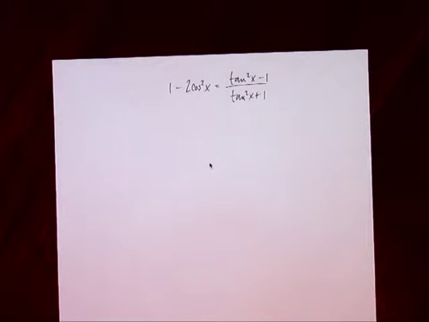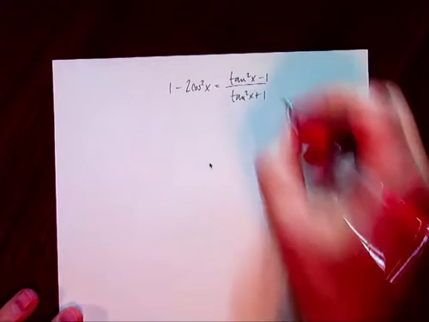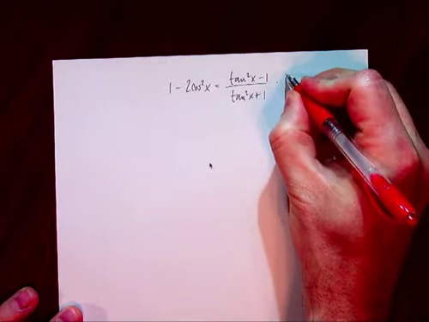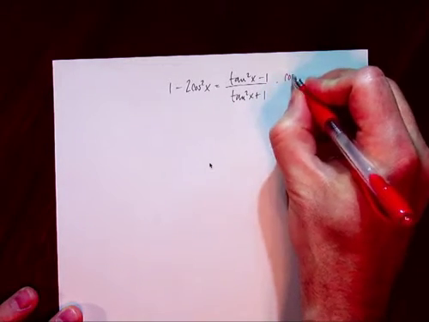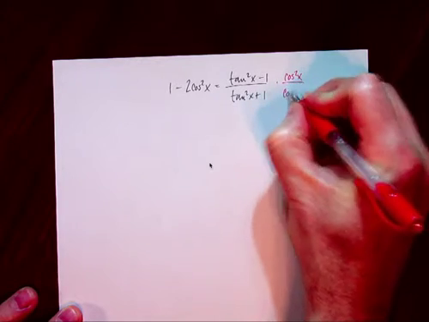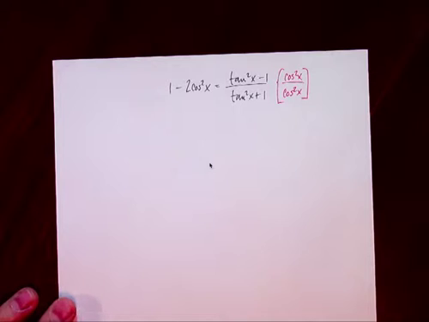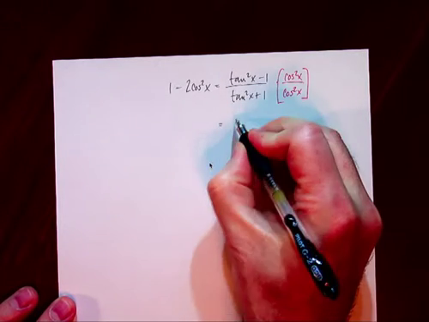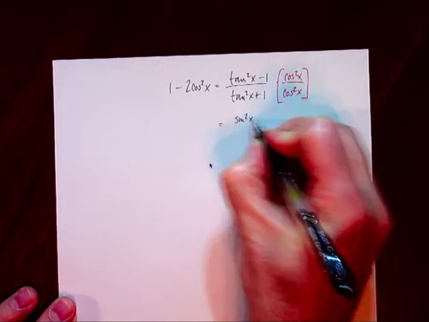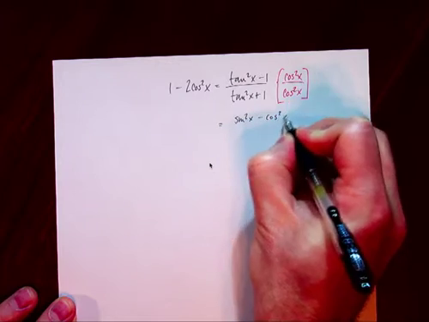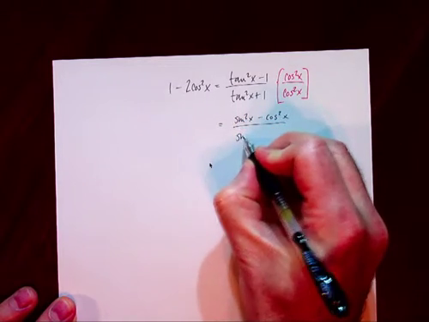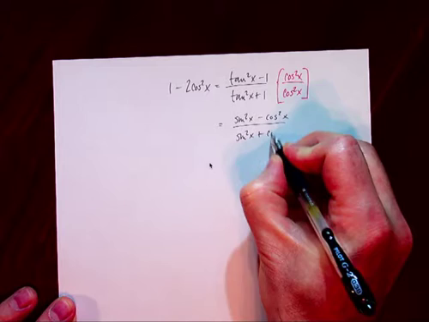And whether you turn it into secant squared or not, you could go ahead and just multiply by cosine squared over cosine squared. And if you do that, you wind up with sine squared minus cosine squared and sine squared plus cosine squared.